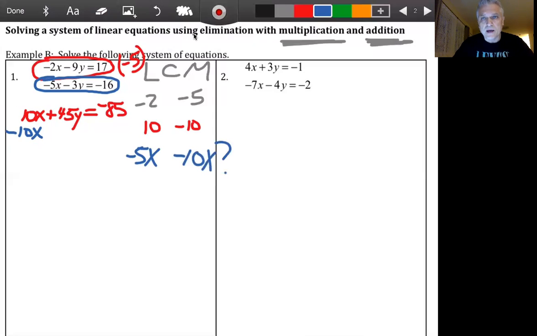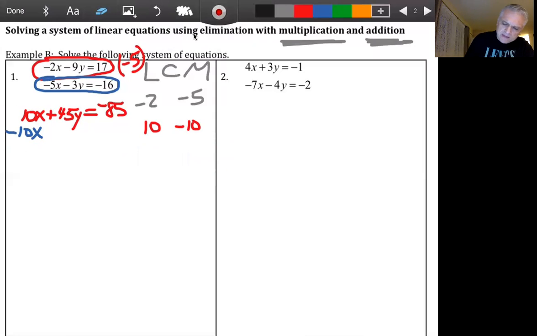What do I multiply by? Simple, I multiply by 2. So let's multiply the entire second equation by 2. I got negative 10x, and then minus 3y times 2 is minus 6y, and then negative 16 times 2 is negative 32.